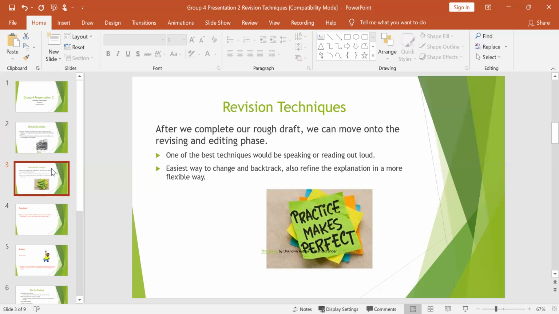It's the easiest way to change and backtrack, and also refine your explanation in a more flexible way. When you read something out loud and it doesn't make sense when you hear it, you're able to understand where you need to reword and rearrange your paragraphs.